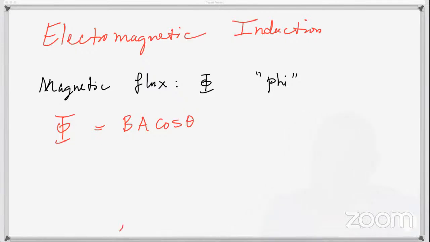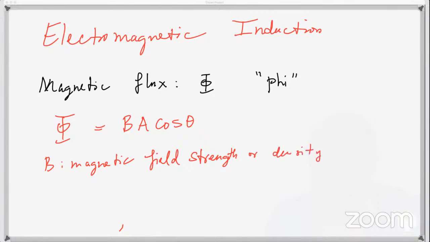So here, B is magnetic field strength or density. That's like the number of lines per unit area.